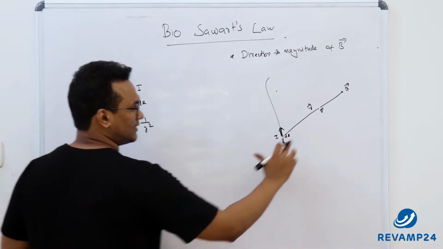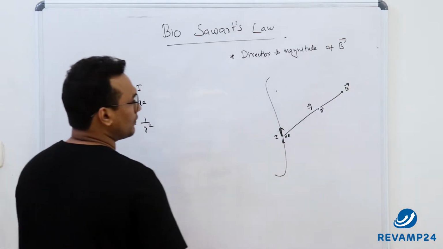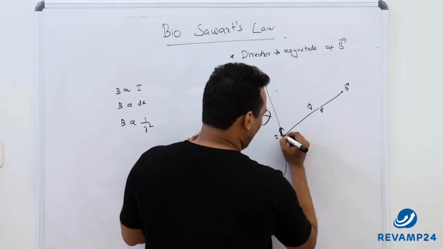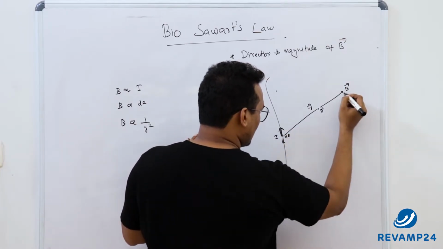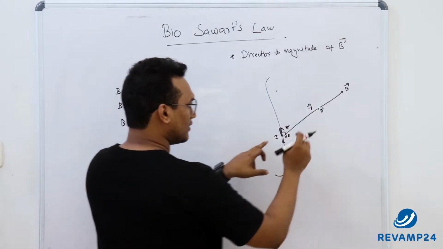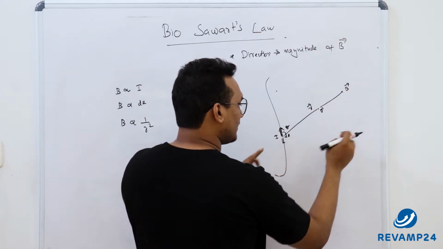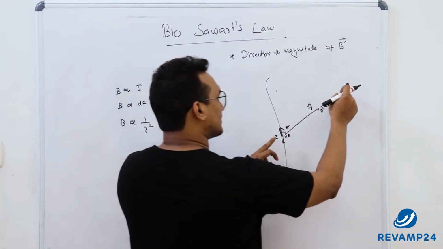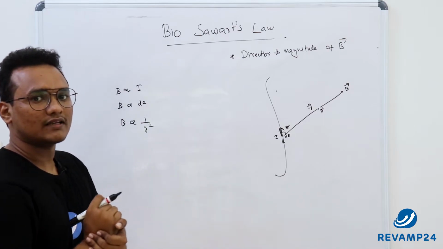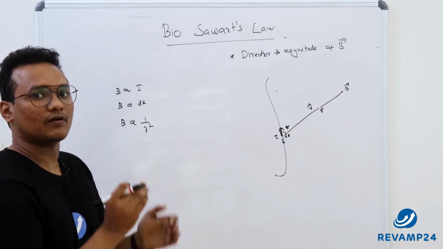Next thing is this, keeping all these things the same, if you are just changing the position, so let's say dl is in this direction and the position vector is in this direction, now there is an angle created. When you are increasing the angle to 90, the field becomes maximum. But when you are decreasing the angle to 0, the magnetic field intensity is found to be minimum.